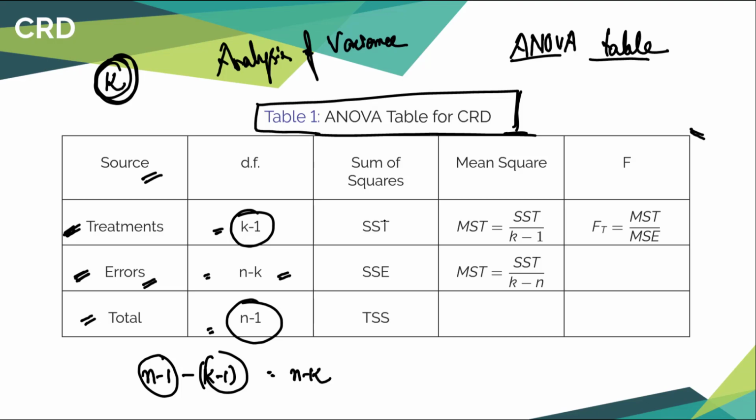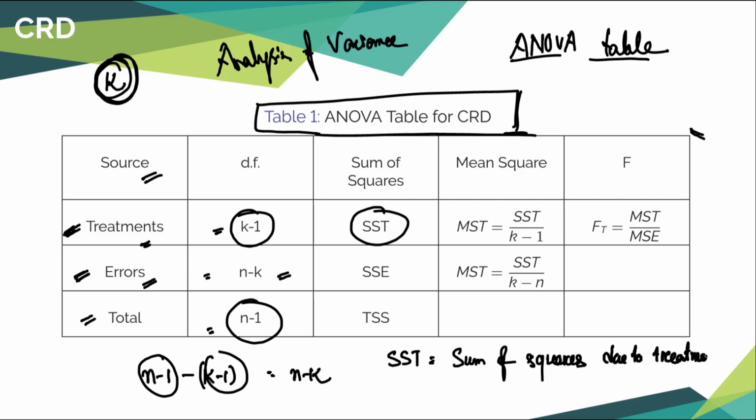I will show you how to calculate this sum of squares. So we calculate the sum of squares due to treatment. SST means sum of squares due to treatment.